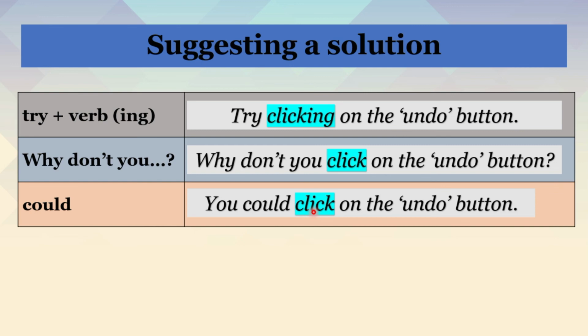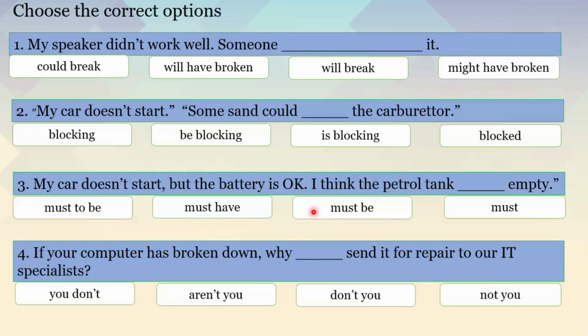Now let's round up the lesson with an exercise. Choose the correct options. Now pause the video and try to do the exercise, and we will check the answers afterwards. Great, let's check the answers.